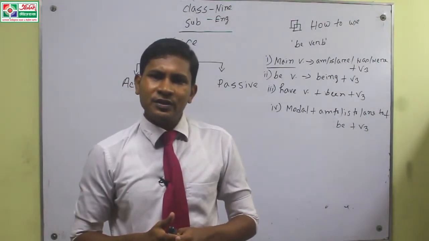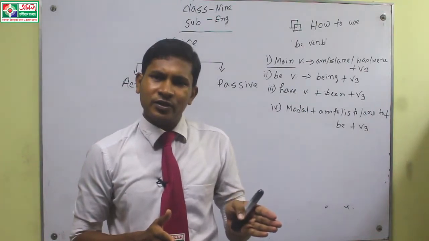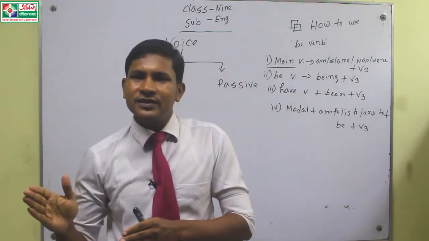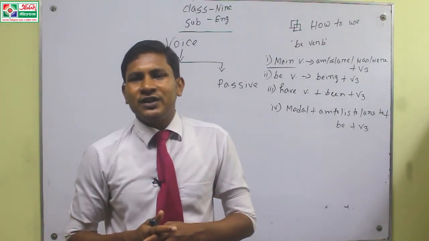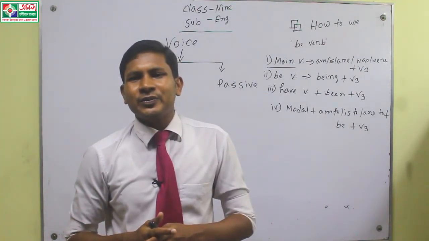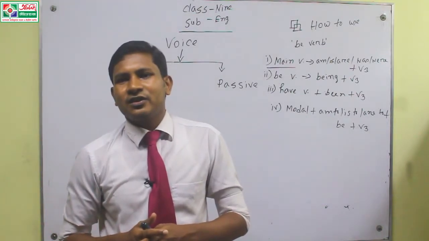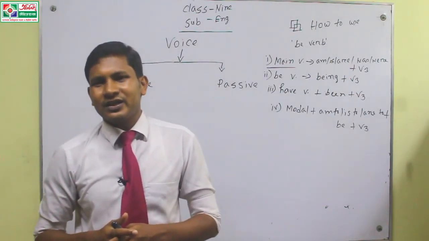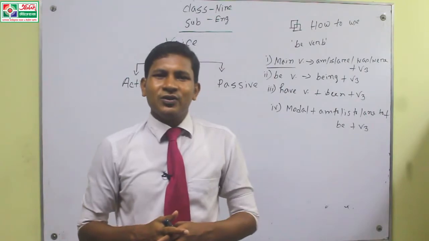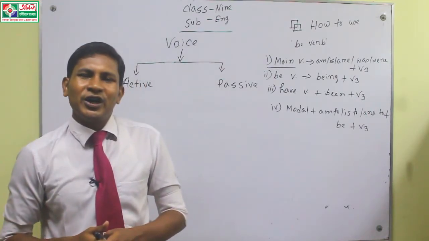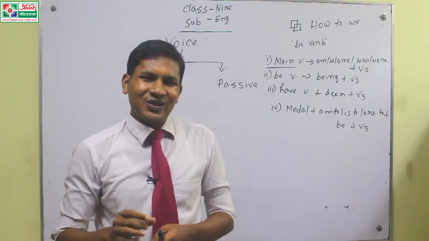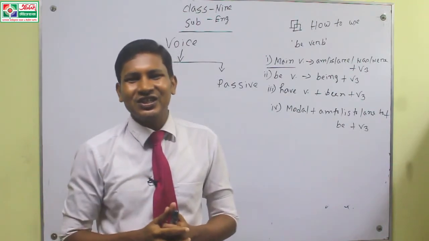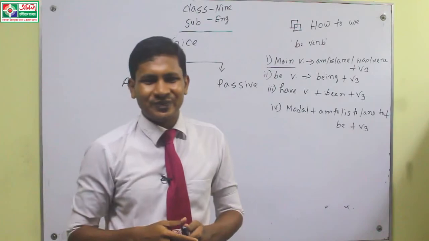Do you understand? Indirect object means person and direct object means things or materials. Do you understand? So in this way we can change voice in two ways. So in a short time, I just introduce you to one rule.